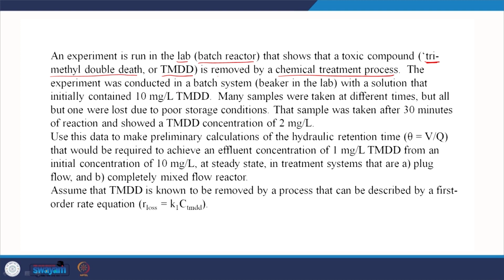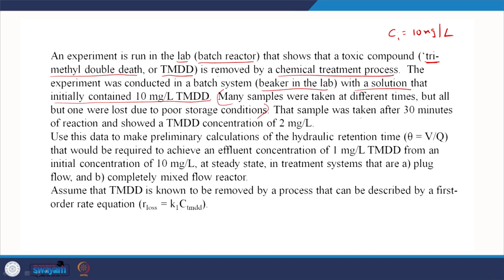The experiment was conducted in a batch system, which is a beaker in the lab, with a solution that initially contained 10 milligram per liter trimethyl double death. C initial is equal to 10 milligram per liter. Many samples were taken at different times, but all but one were lost due to poor storage conditions.